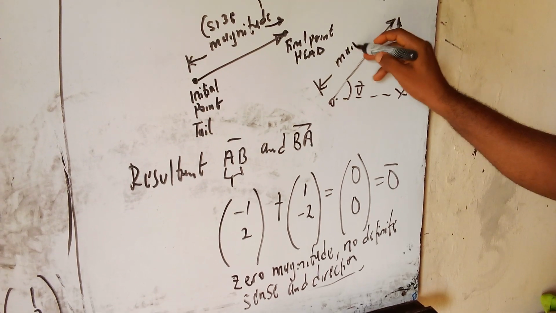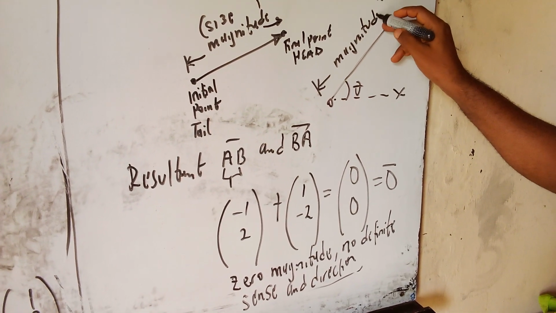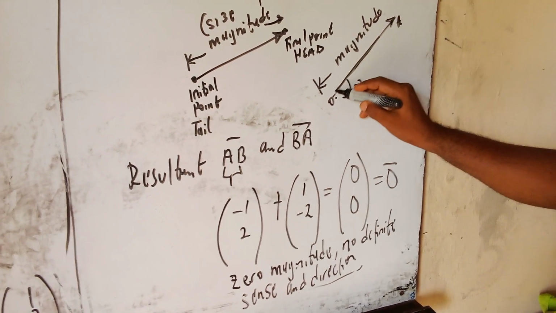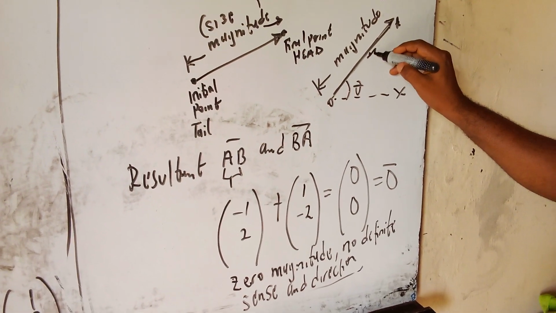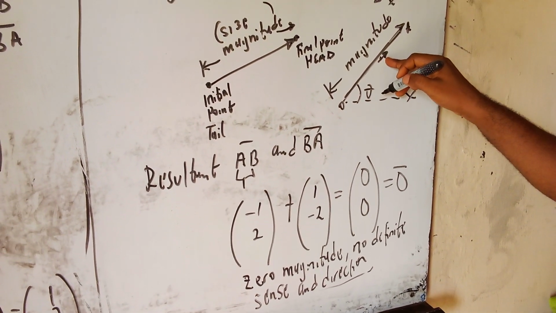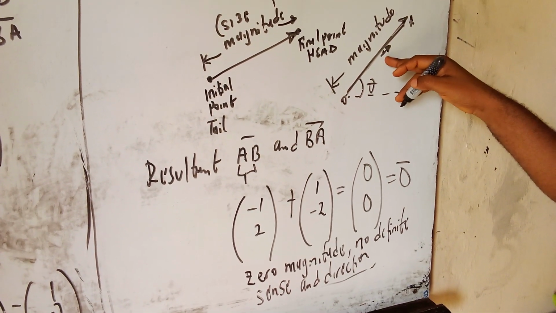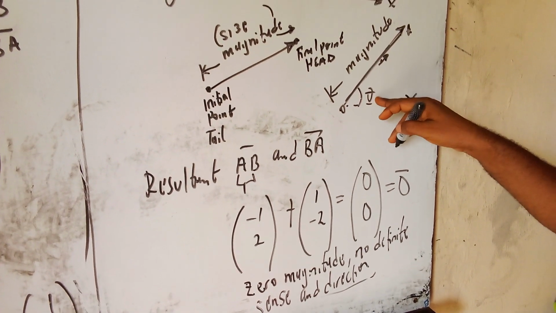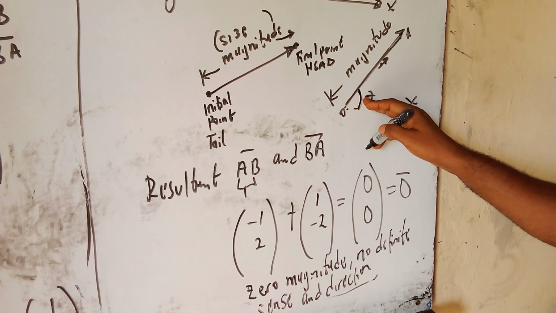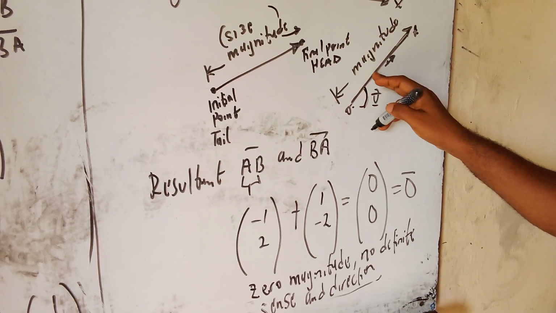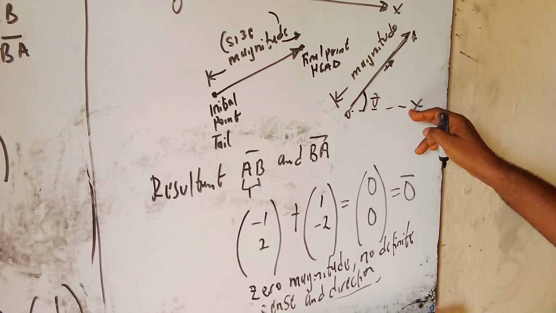This is the magnitude. And the sense is the direction of movement along this line. So a zero vector has no magnitude, has no definite sense and direction. The direction is the measure of the angle that the vector makes with the horizontal x-axis.